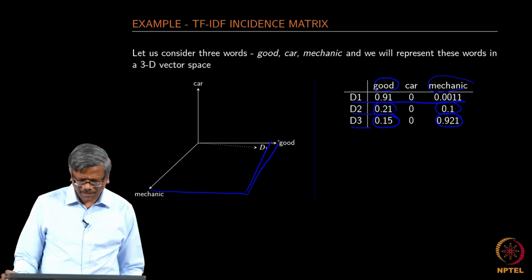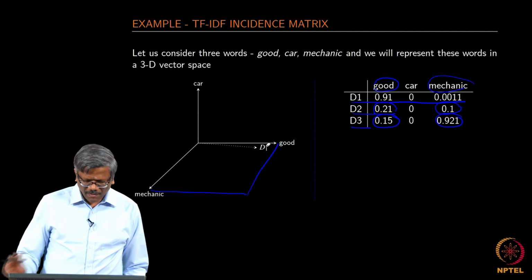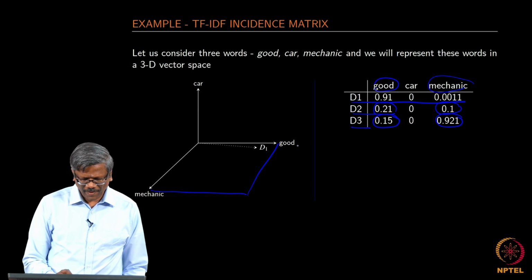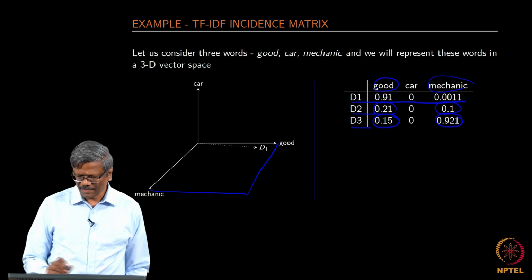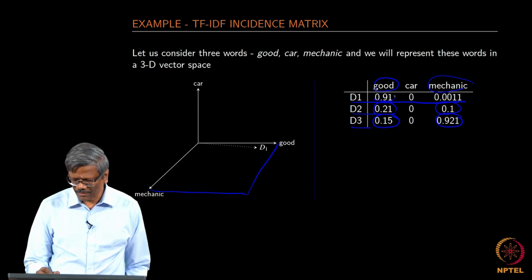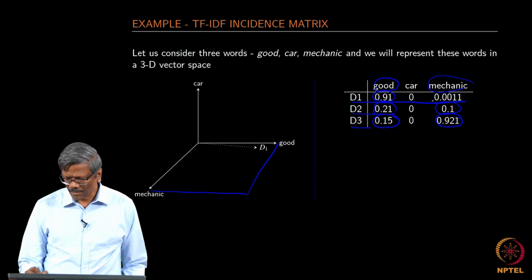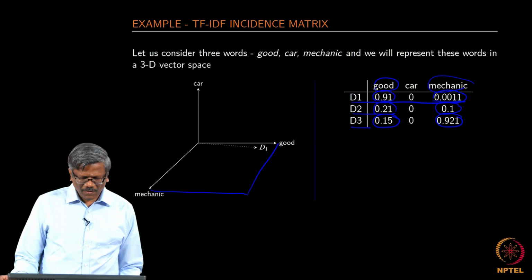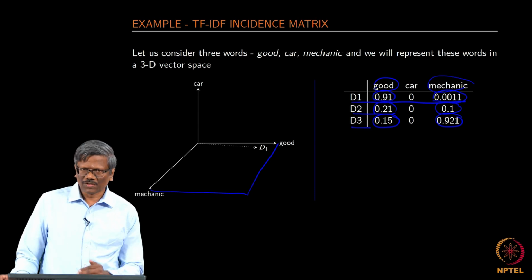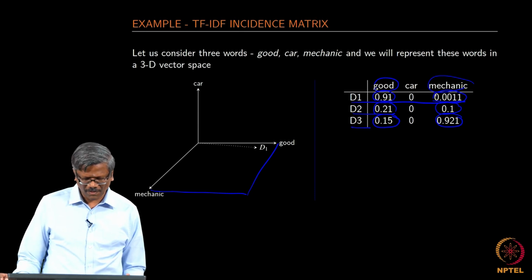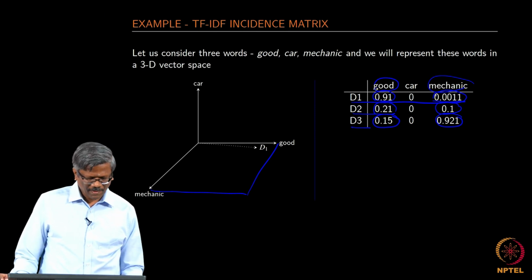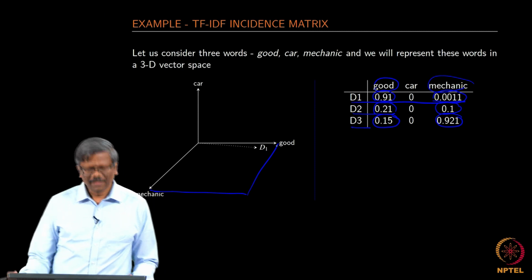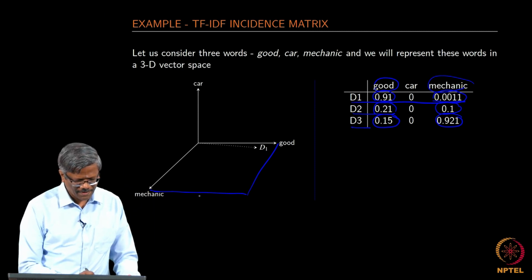Now, document 1 is very close to the good axis, right. If you look at the value of document 1, it is pretty high compared to what you have for mechanic. That means this document is better aligned with the axis good rather than the other, but it is represented in that 2-dimensional space which is marked here.